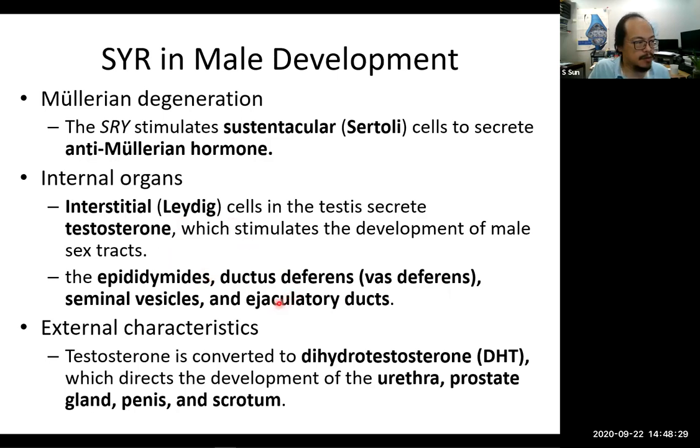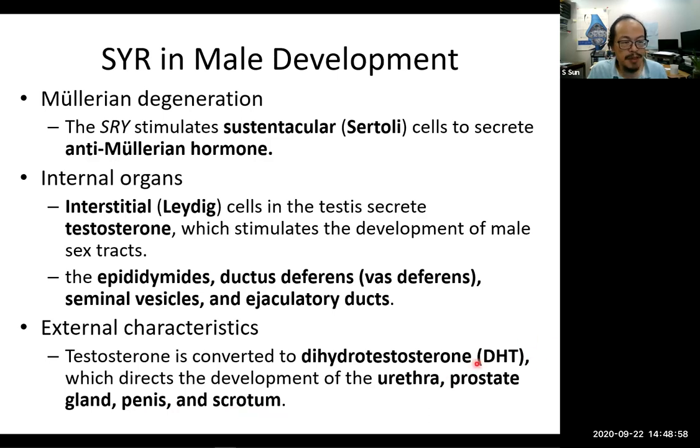Now for the external, we need a different pathway. That is the DHT. DHT can promote the development of the urethra, which is the duct inside of the penis, and the prostate gland. Although this is kind of internal, it is stimulated by the DHT, along with the penis and the scrotum.